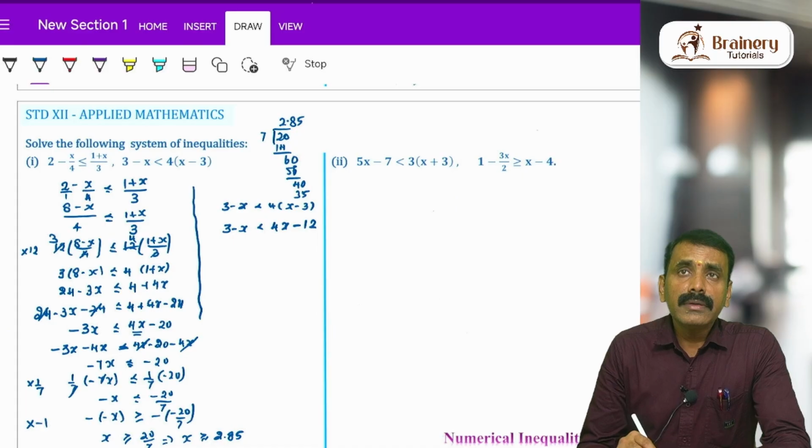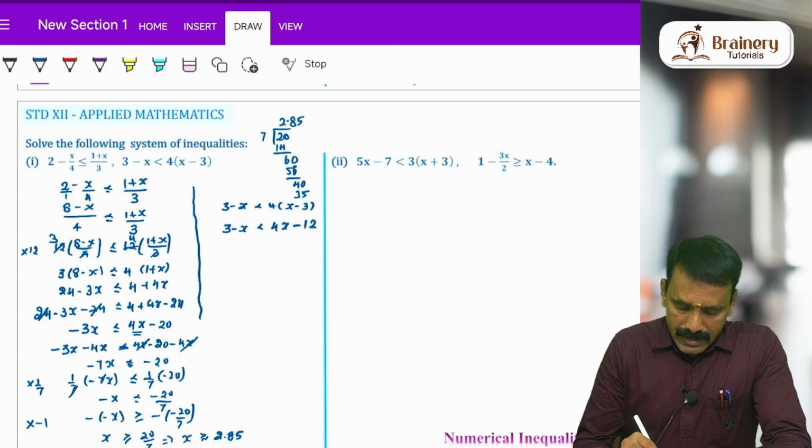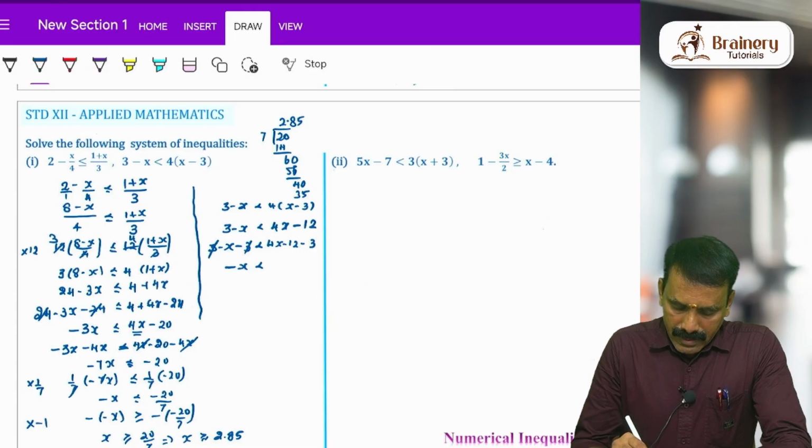So we add the additive inverse of 3 on both the sides. So 3 minus x minus 3 strictly less than 4x minus 12 minus 3. So 3 cancels. So minus x is less than 4x minus 15.